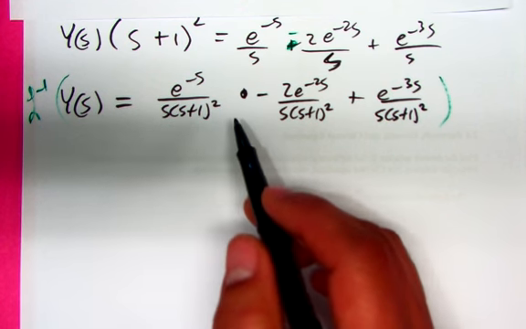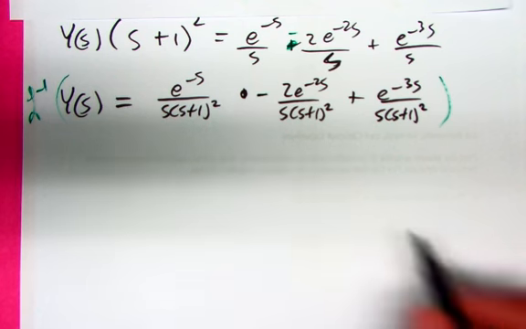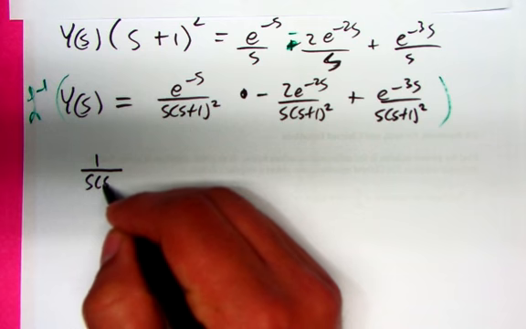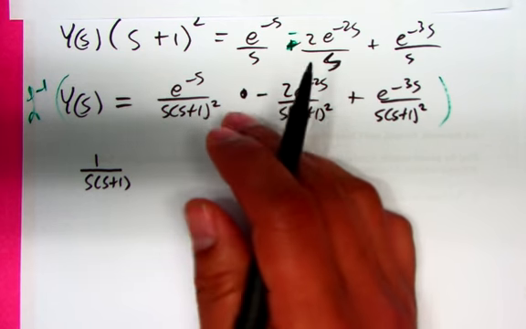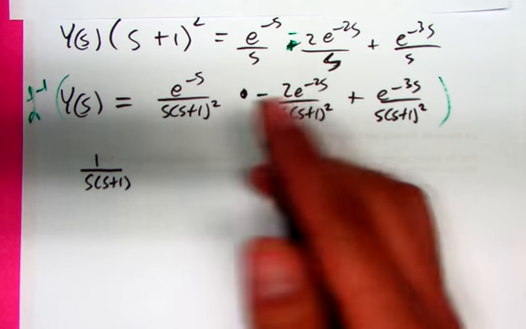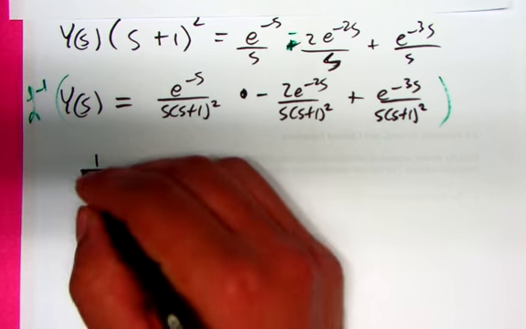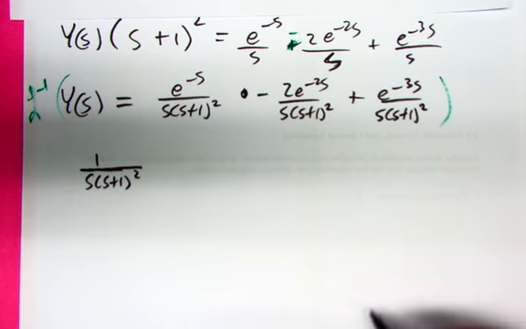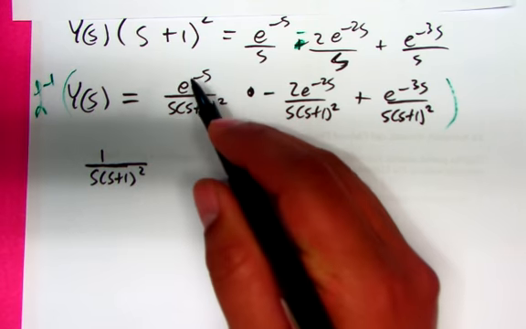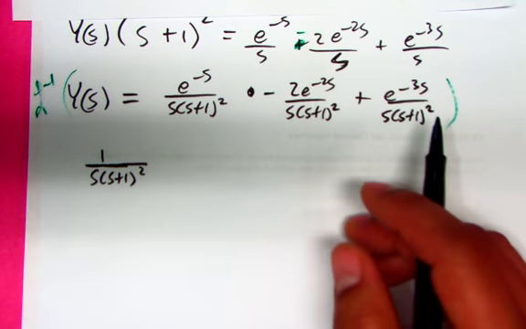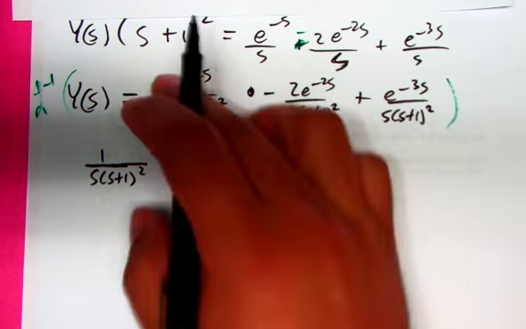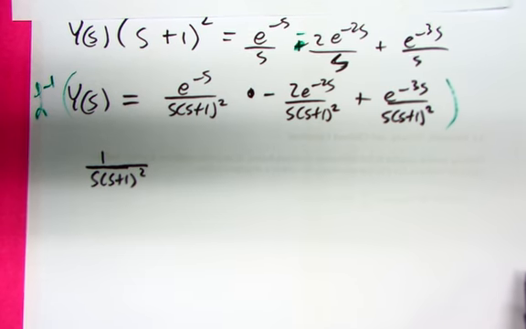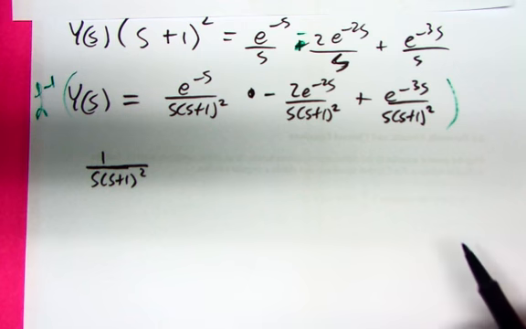What I would recommend is to ignore the numerators for the time being, to figure out the decomposition for 1 over s times s plus 1 squared. Once you have the decomposition, the numerators will just multiply it. Rather than make things complicated with these weird exponentials, just find one for each and then multiply it through.